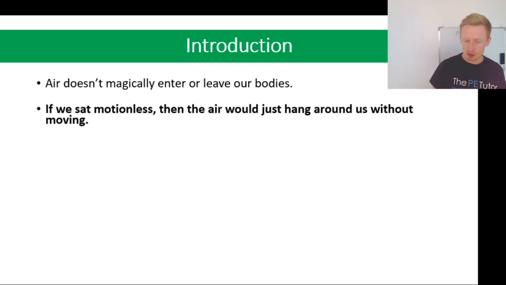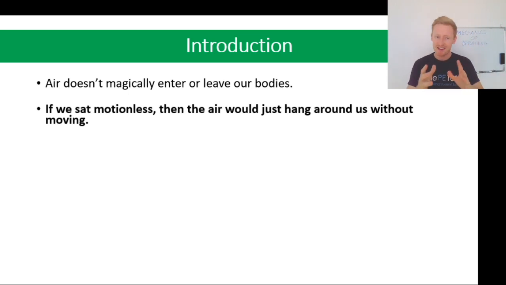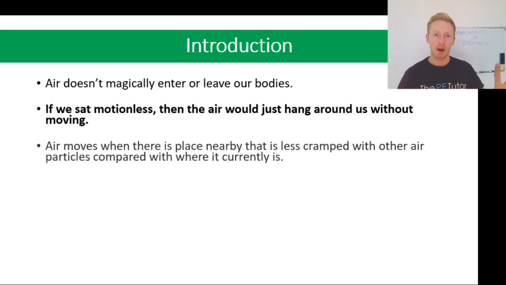To introduce this topic, what I wanted to say to start with is that air doesn't magically come in or out of our bodies. If we were to stand or sit or lie down as still as a statue, no movement, no muscular contractions, if we sat there motionless, no air would come in, no air would go out.